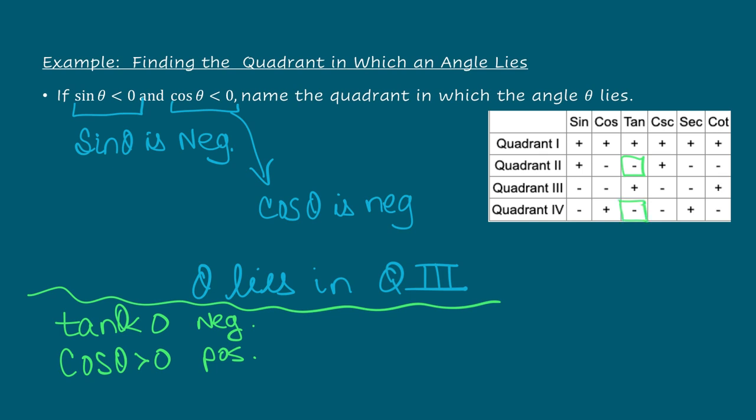Then we want a cosine that is positive, so we are not going to be in quadrant 2. We are going to be in quadrant 4. So this is an angle that lies in quadrant 4. This is a fairly simple idea, so let's see how we can use it to actually calculate the 6 trig functions.